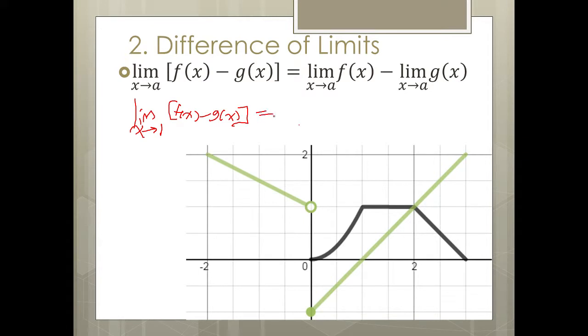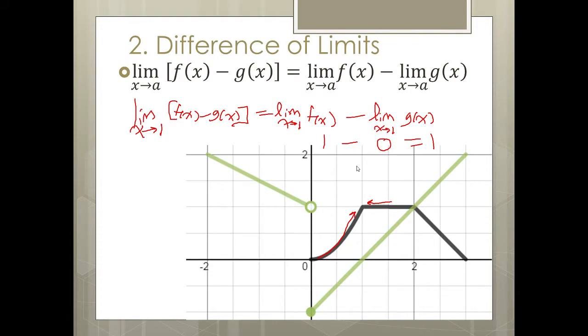This is going to be the same as the limit as x goes to 1 of f of x minus the limit as x goes to 1 of g of x. In this case, we can do the same thing. Going from the left is 1, from the right is 1, so this is 1 minus 0, which is going to be equal to 1.